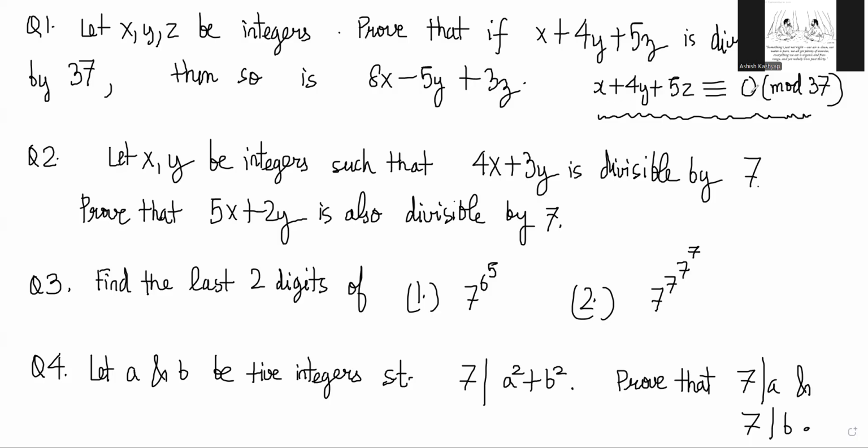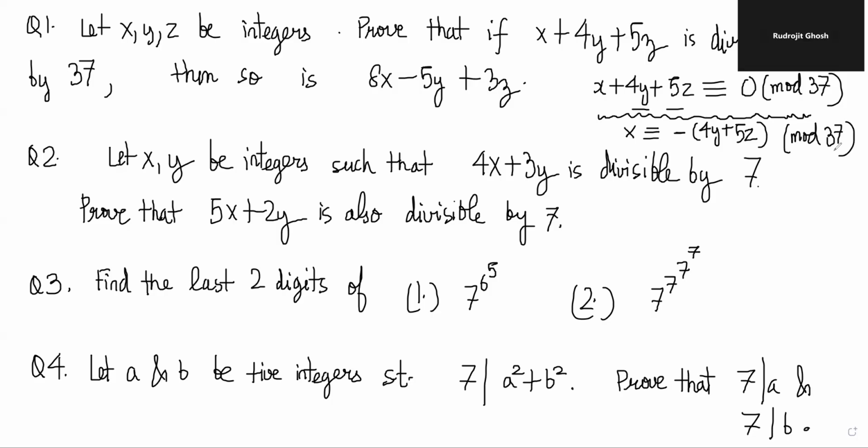If A is congruent to B mod n, we can say A minus C is congruent to B minus C mod n, right? दोनों साइड से सेम नंबर सब्ट्रैक्ट कर सकते हैं, राइट? So we can subtract 4y plus 5z from both the sides and say x is congruent to minus of 4y plus 5z mod 37, right? That's the same thing as saying that x plus 4y plus 5z is congruent to 0.